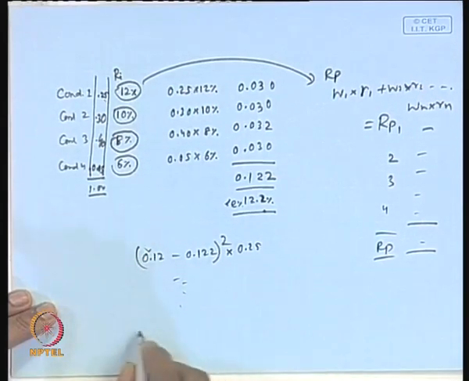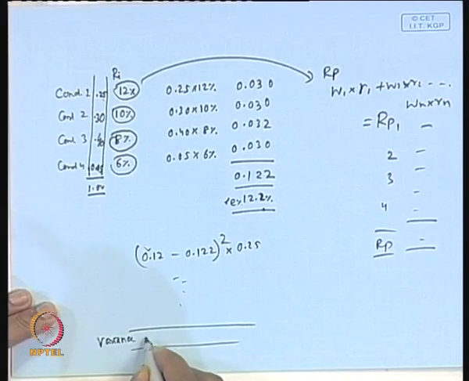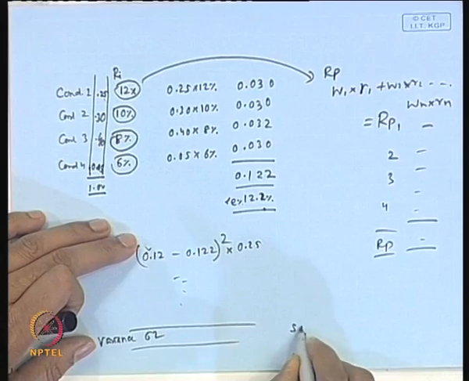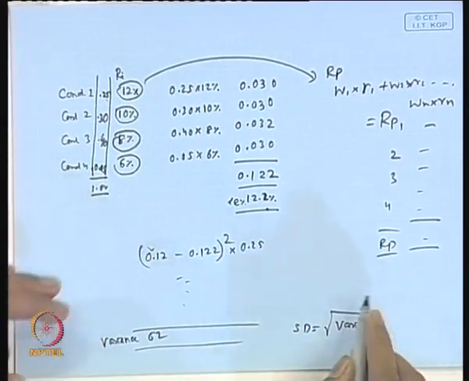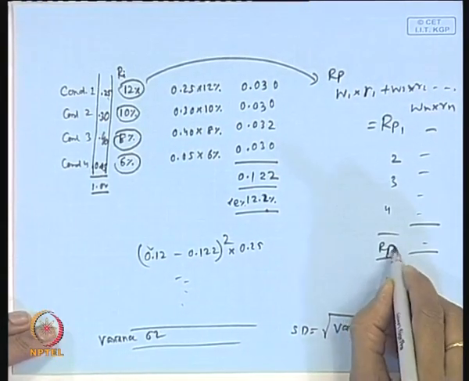Like that you do, and when you add that summation, that gives actually the variance or sigma square, and you take the square root of the variance, that gives us the standard deviation. So, the same principle is applied as far as the return and the risk of the portfolio is concerned.